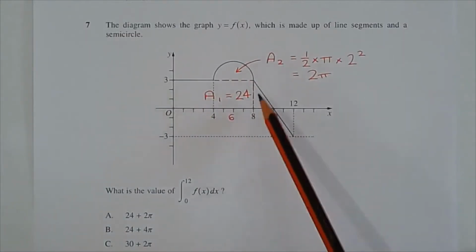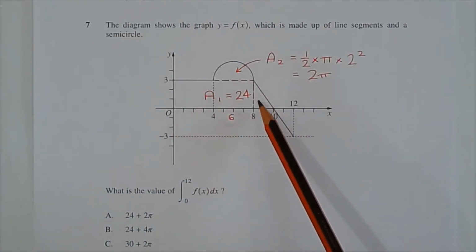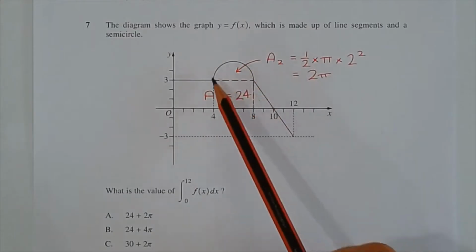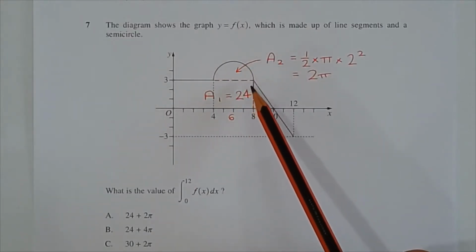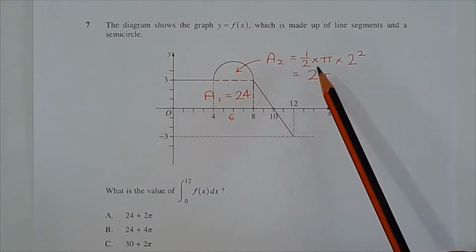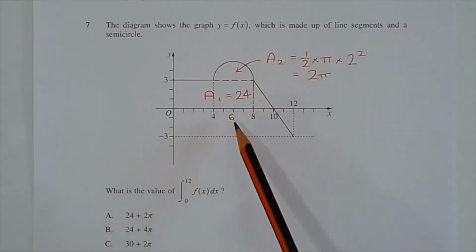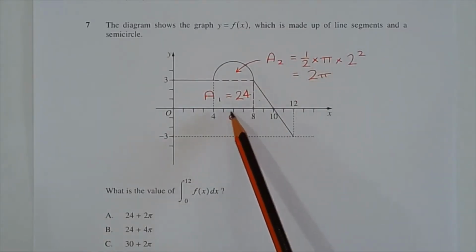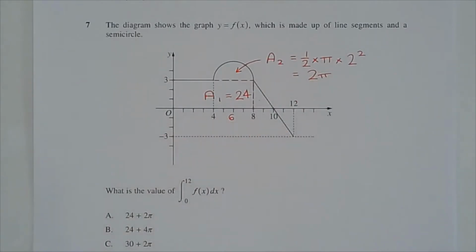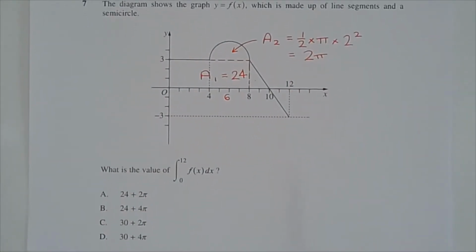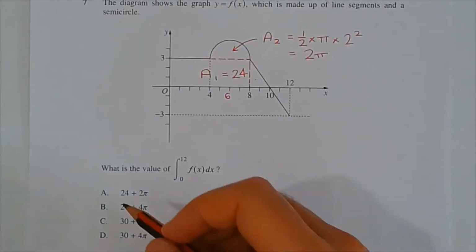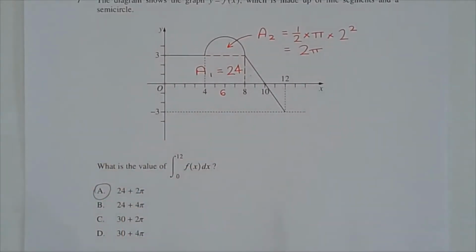So region A1 is just 8 times 3, which is 24, and region A2, the area of a semicircle, is half pi r squared, so that's equal to half times pi times 2 squared. I just wrote the 6 there to make it clear that the radius here is 2 units, and that's equal to 2 pi. So the answer is option A, 24 plus 2 pi.